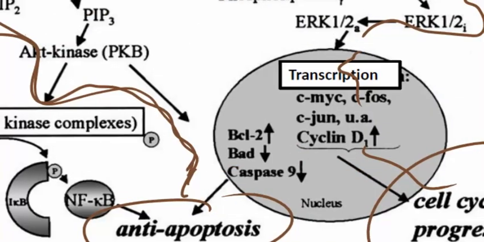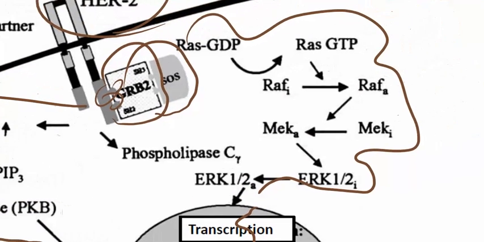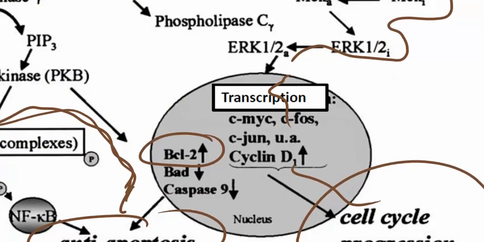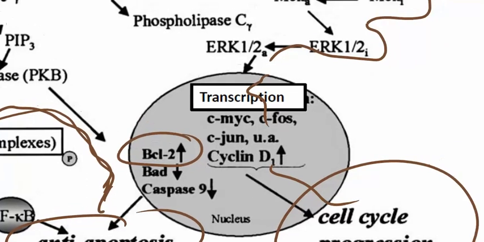I think this is important: BCL2 is an anti-apoptotic protein. Whenever it's around, it's going to prevent apoptosis, so it's going to prevent natural cell death.